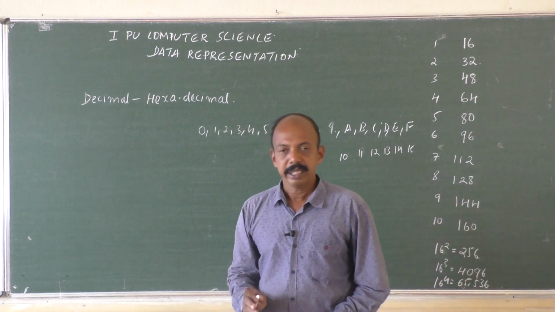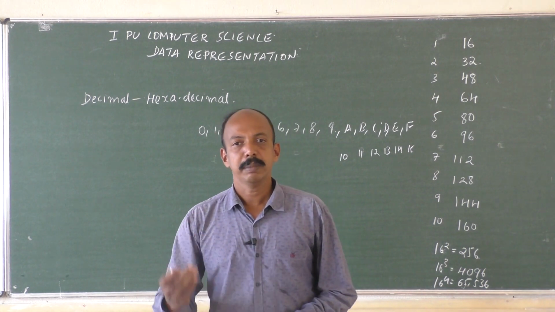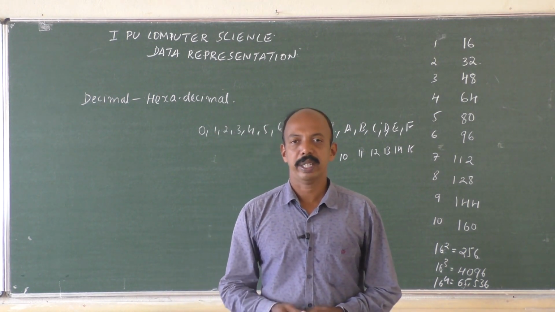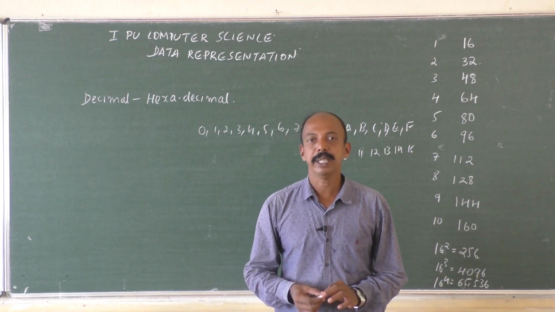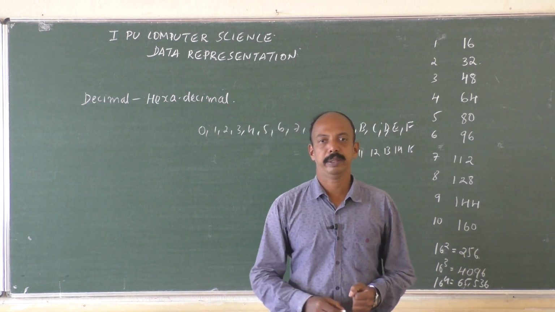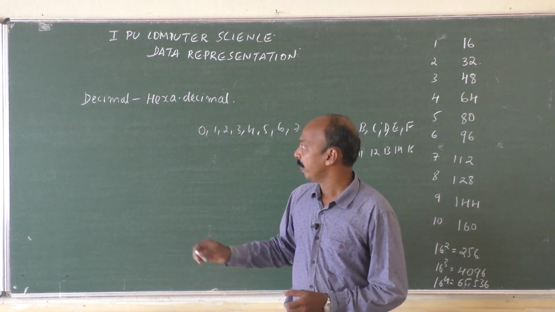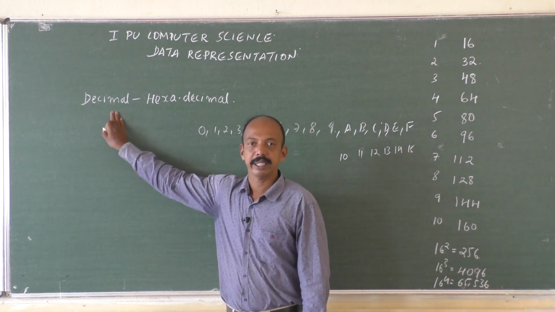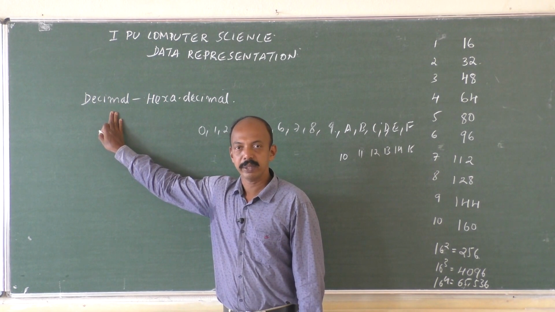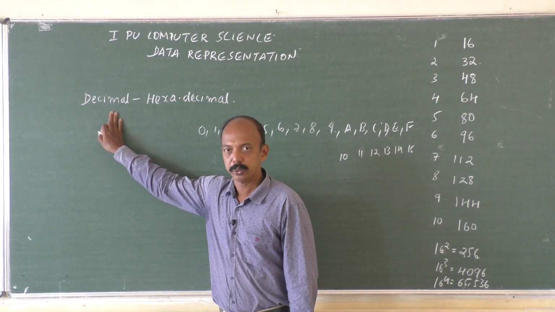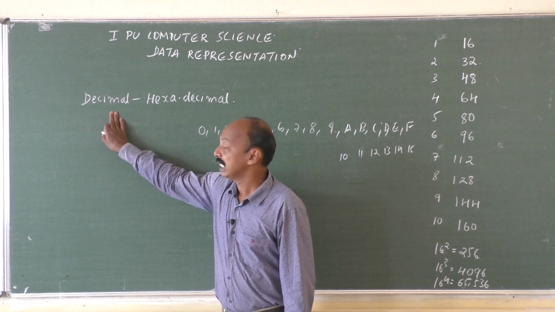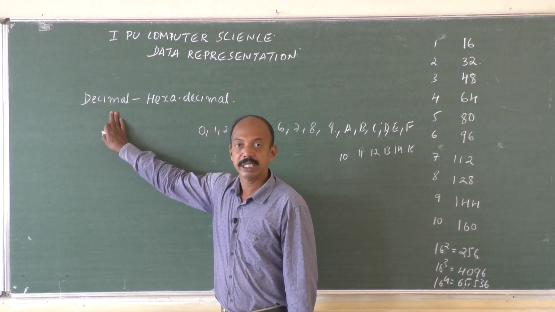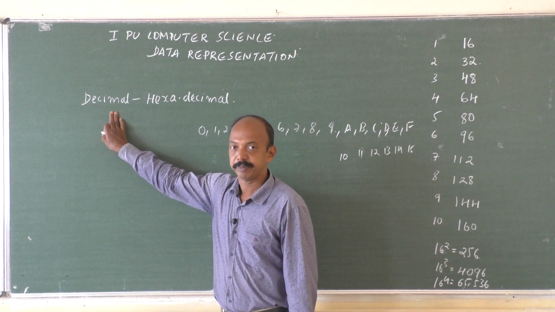Whenever we are converting from decimal to any other number system, what have we done so far? We have divided with respect to the base to which we want to convert. When converting from decimal to binary, we divided with respect to 2. When we converted from decimal to octal, we divided with respect to 8.